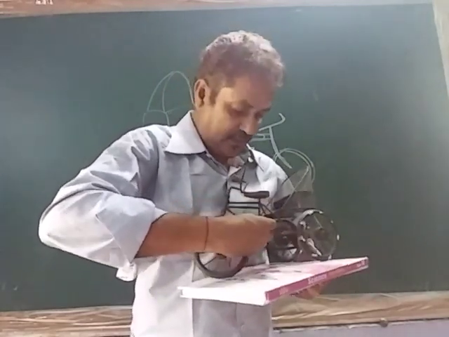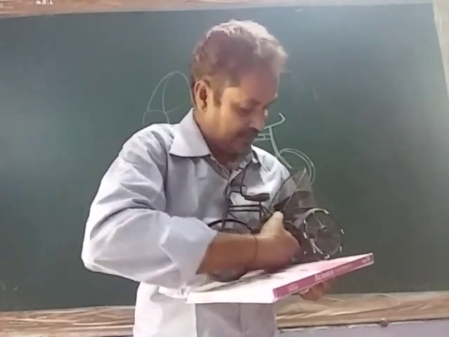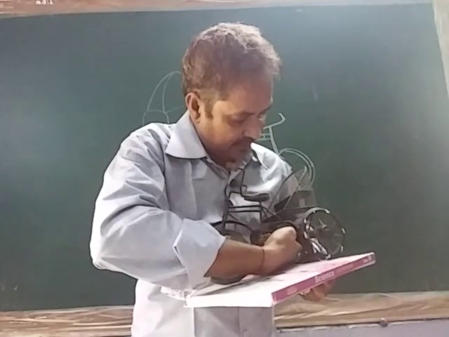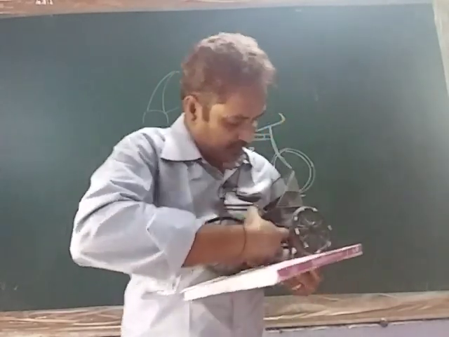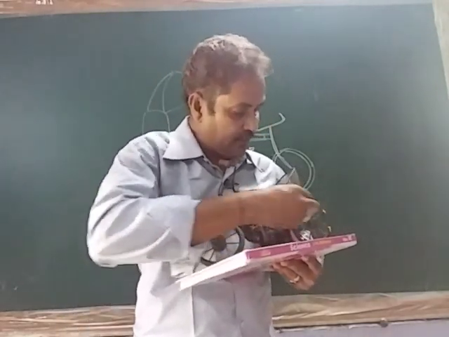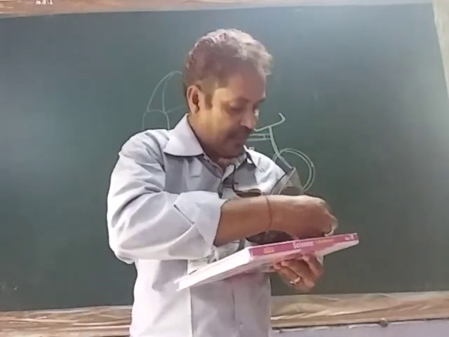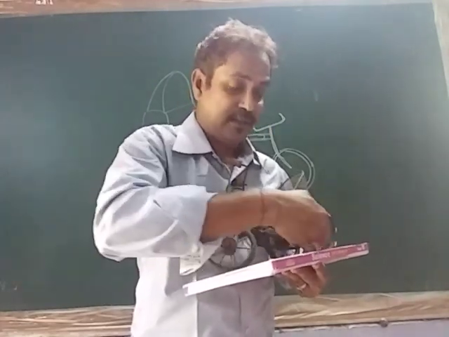Okay, so my paddling is transferred via chain to the rear wheels, and the rear wheels are attached with the chain and the gear system in the rear wheel, and in this way I am rotating the rear wheels, and you can see the white dots. The white dots are moving in backward direction.